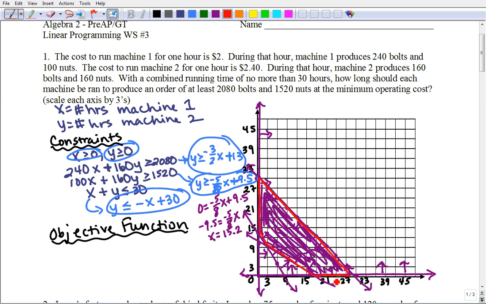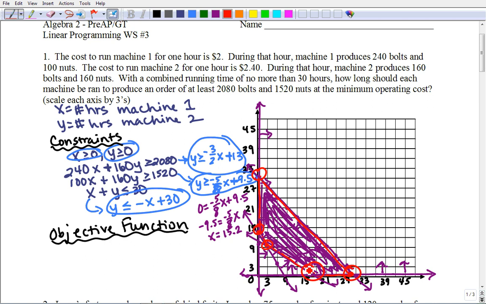So we've got 1, 2, 3, 4, 5 sides to this shaded region, this feasible region for solutions. And that means we have vertices to go with that as well. So we have 1 right there, 2, 3, 4, and 5. So we have more vertices this time.